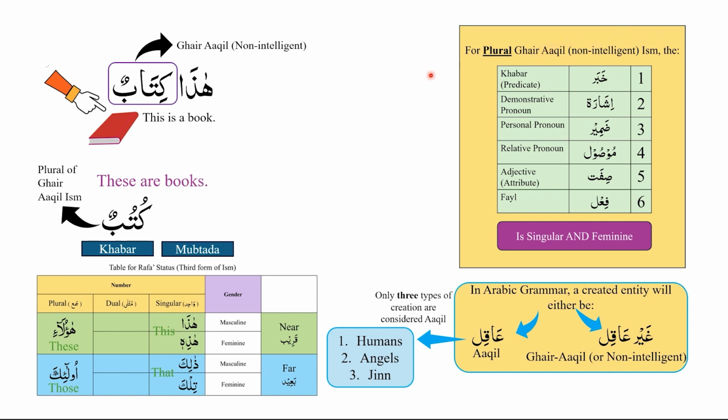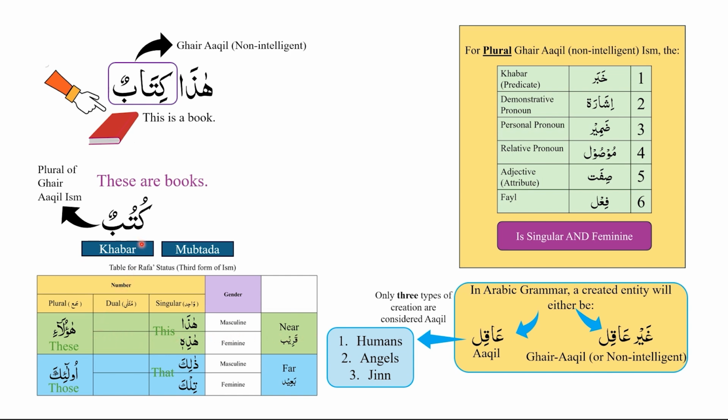We have to identify the mubtada for this jumla ismiya, and we know that the mubtada will be a demonstrative pronoun because these indicates that we have to use a demonstrative pronoun or ism ishara. These indicates that we have to look for an ism ishara in the near row.